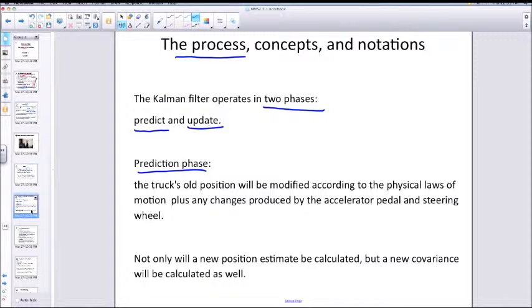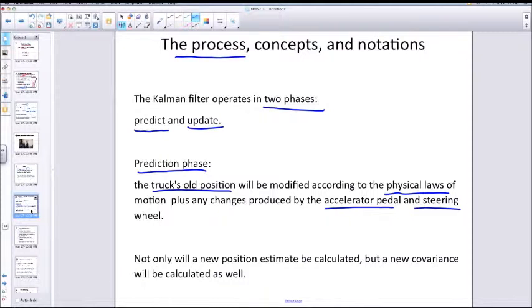The prediction phase is what we talked about, the phase of data ranking. The track uses its own old position and records its own acceleration and the steering direction. Based on the physical science law, Newton's law, you can estimate the next position. That's the prediction phase.